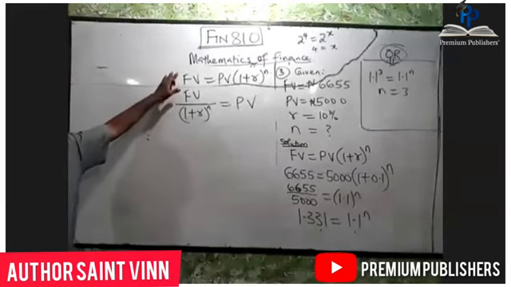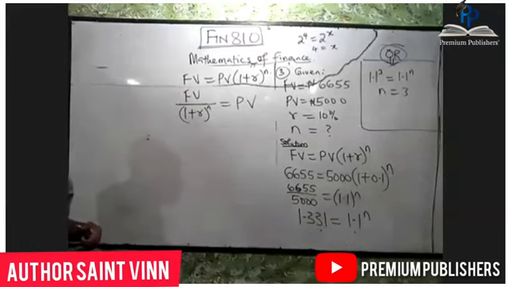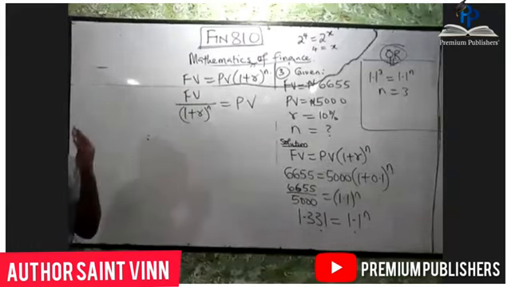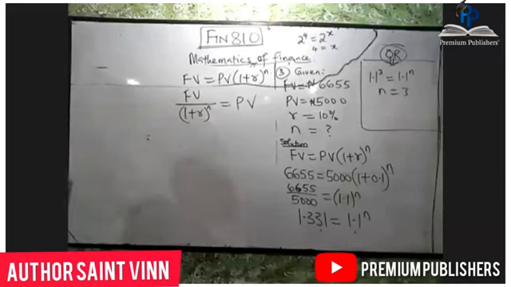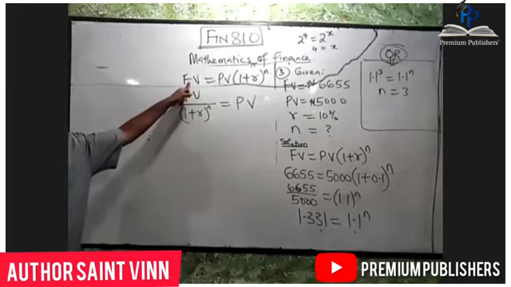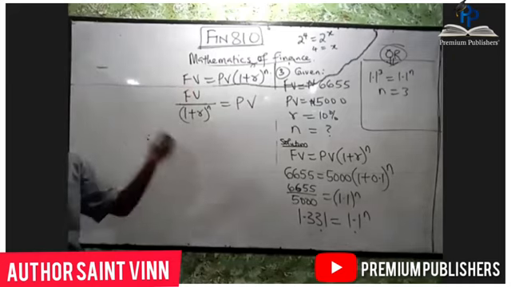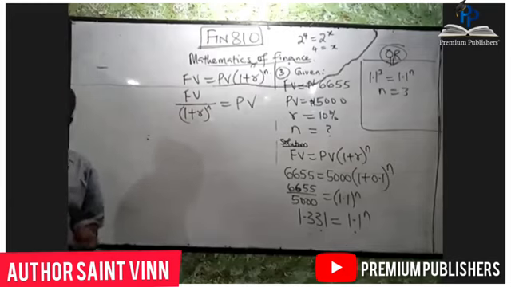So you know future, you discount it to know the present. You know present, you compound it to know the future. Is that okay? Do you understand? I have known the future, based on the question, isn't it? I think that's important. You can only find future value when you know the present.